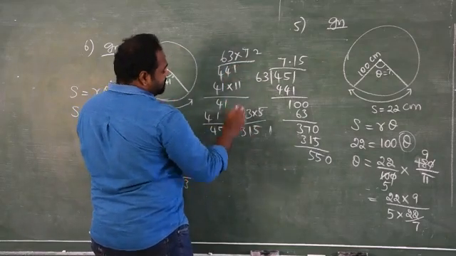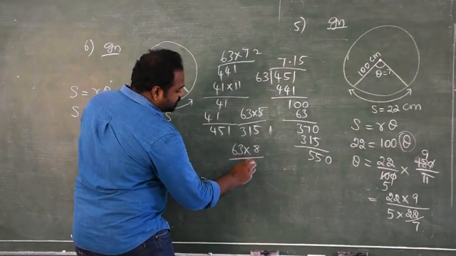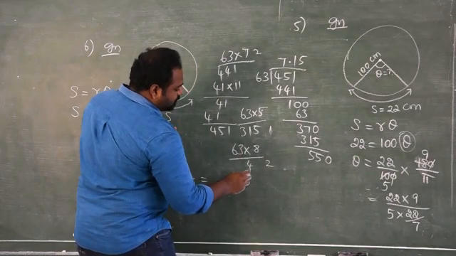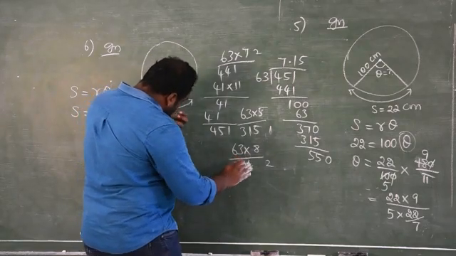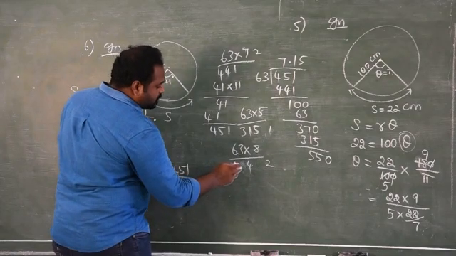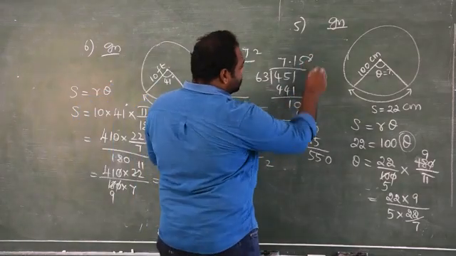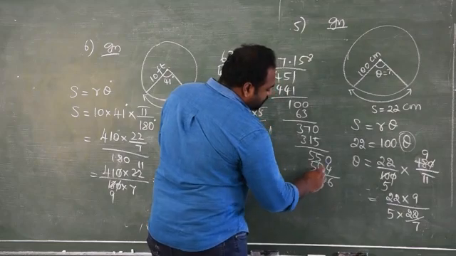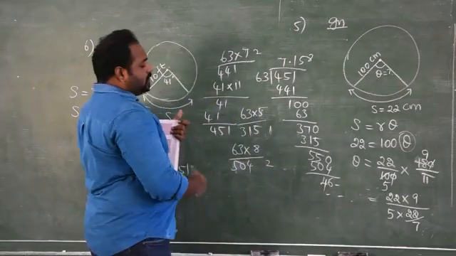We can have 8 times, 63 into 8 is 504. So 8 times 504, remaining 6, then 42, it will be going on.